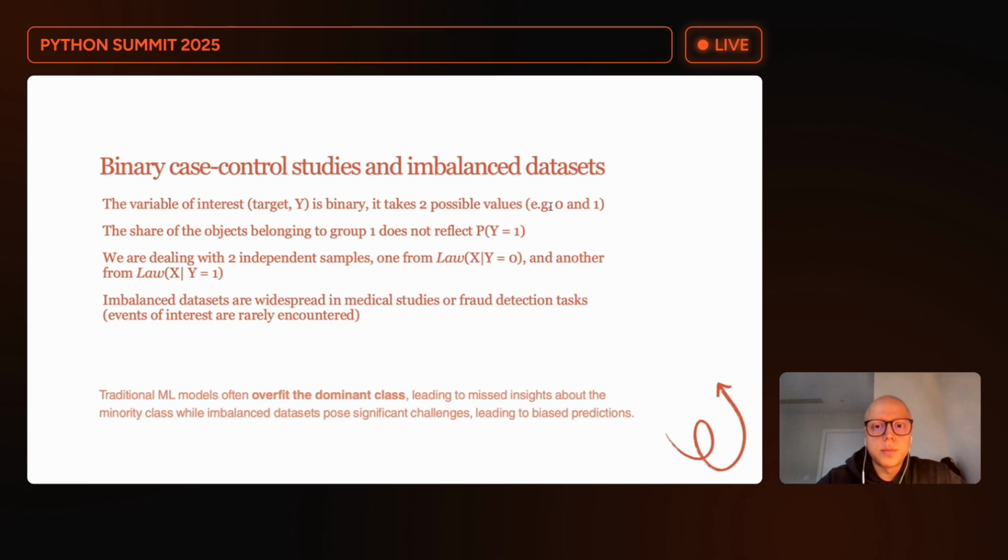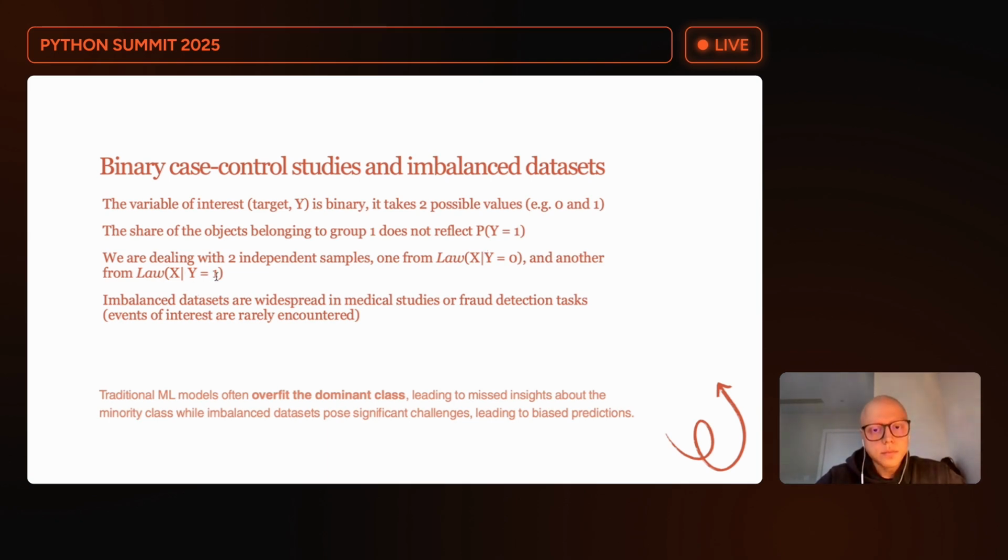One of them from the distribution of some objects conditional on belonging to the first group. The other one is the distribution of the objects conditional on belonging to the second group. One is defined here as y equal to 0. The other is defined here as y equal to 1.